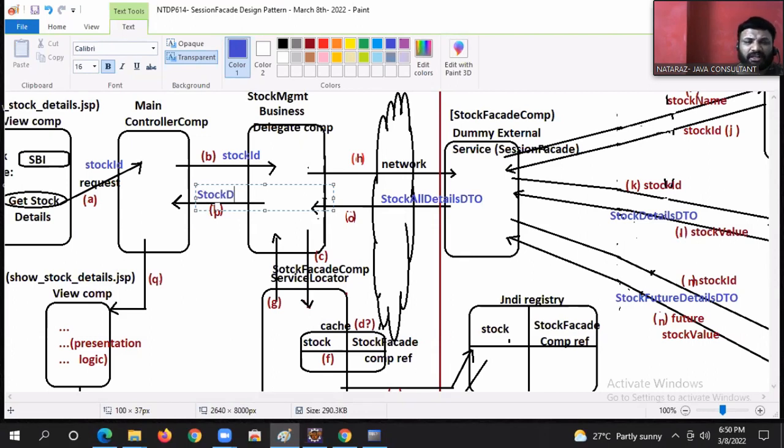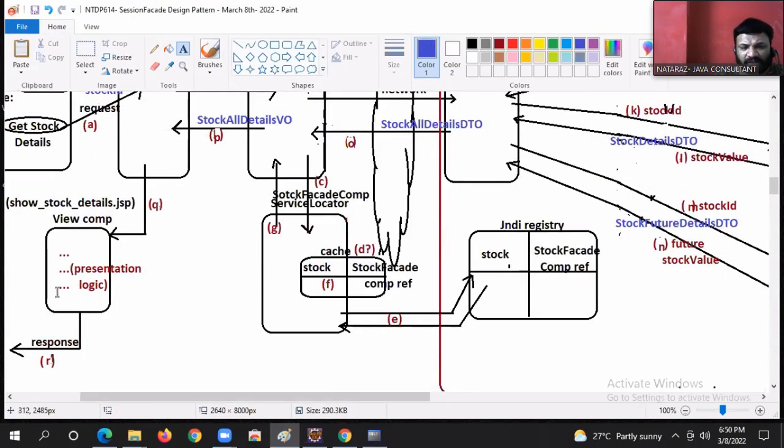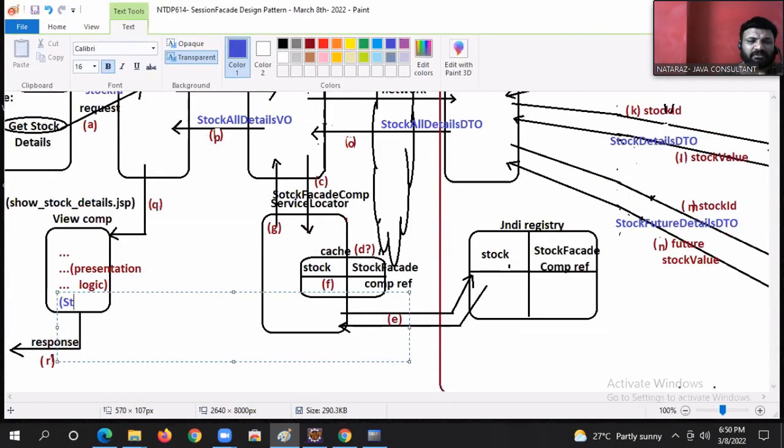Stock details DTO, if you want, you can convert into VO also. Stock all details VO. They come here also, as scope data, we will get what? Stock all details VO.